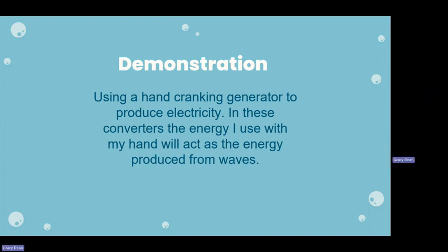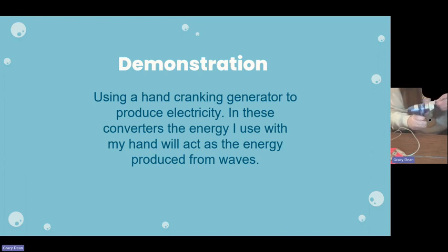And you see how when I crank this, light is being produced. My hand is acting as the waves, the motion, what's cranking this, what's creating the energy.